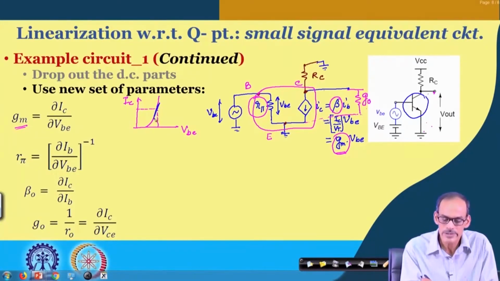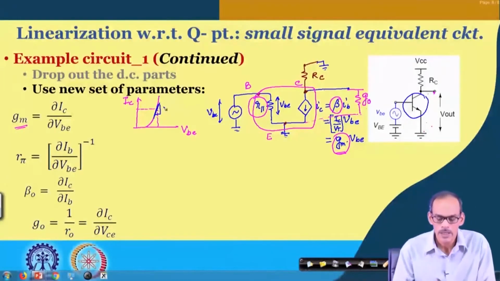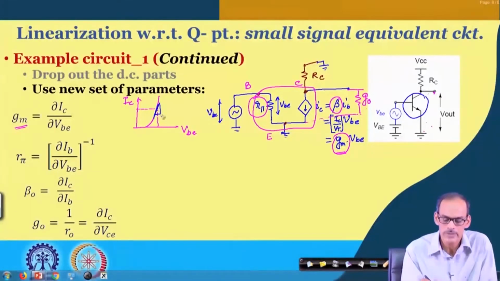This linearization is basically a linear segment of a line, well represented by the slope of the line, and this slope is nothing but the first derivative of this current with respect to V B E.